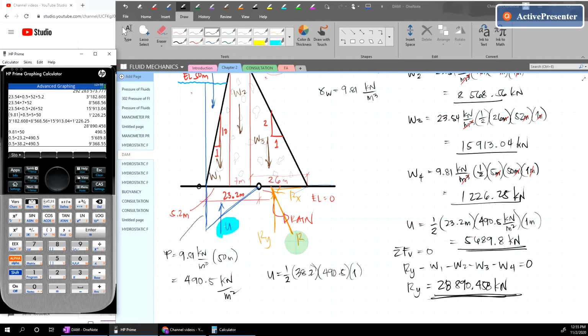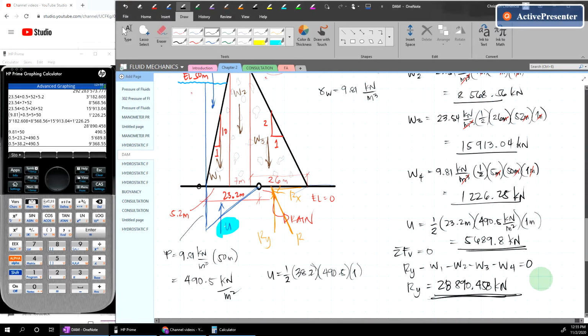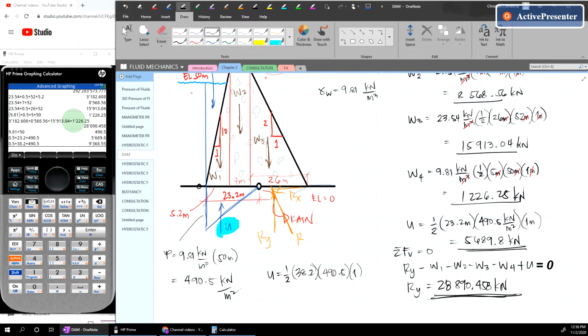Okay, so ngayon, so kulang pa pala tong value ng Ry natin. Kasi yung uplift force is going up. Then yung summation ng forces, so pataas yung Ry positive. Then yung mga weights natin puro negative. Then plus yung uplift force U. Okay? So kung ibabalik ko to, so, i-add naman, or pag tinranspose kasi yan, magiging negative na yung uplift, diba?